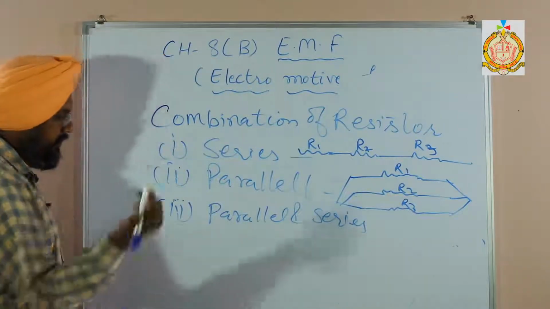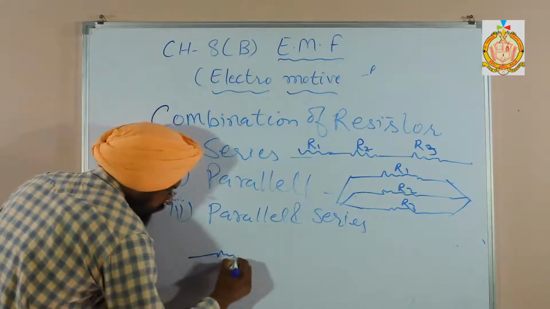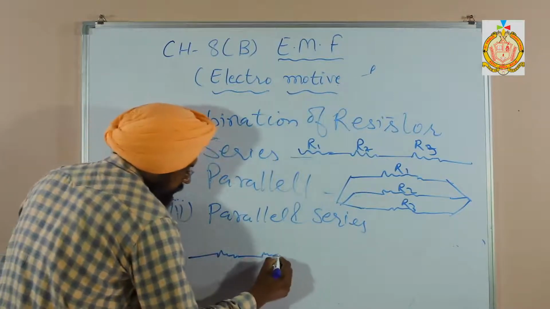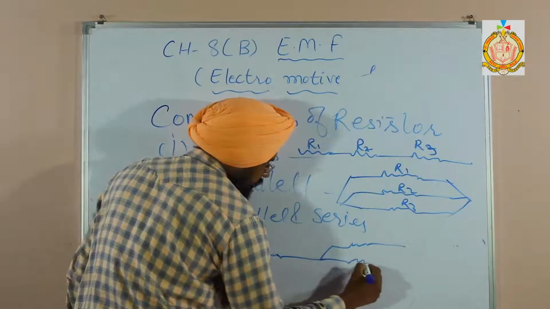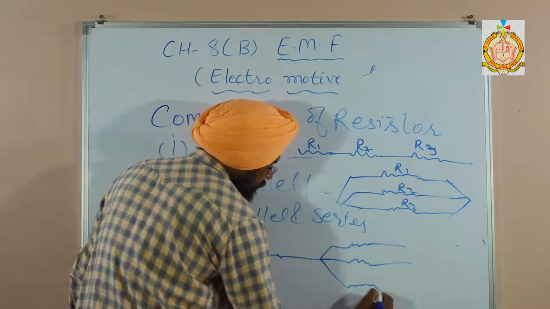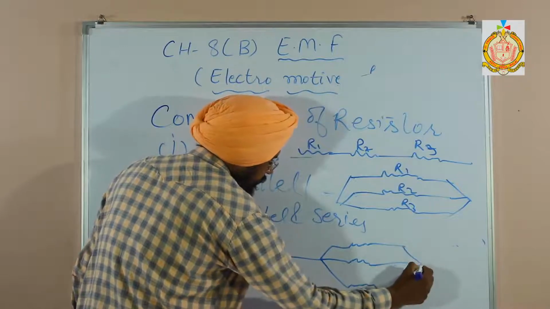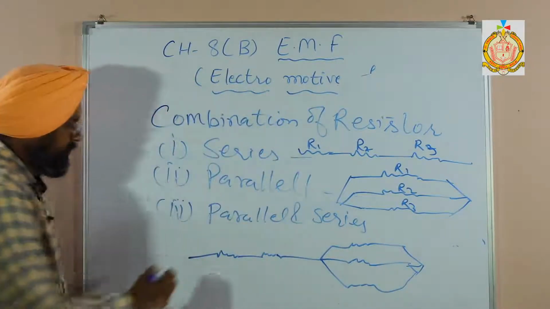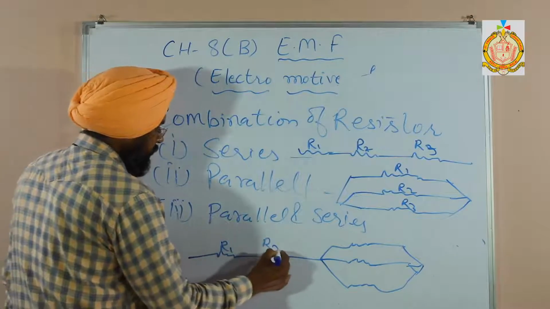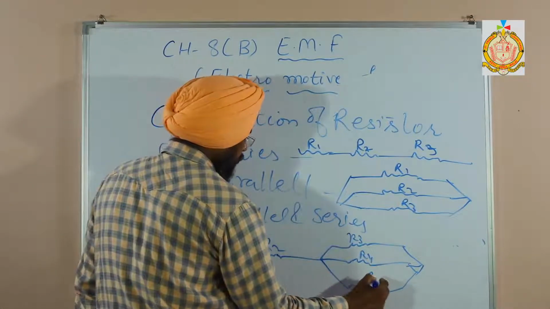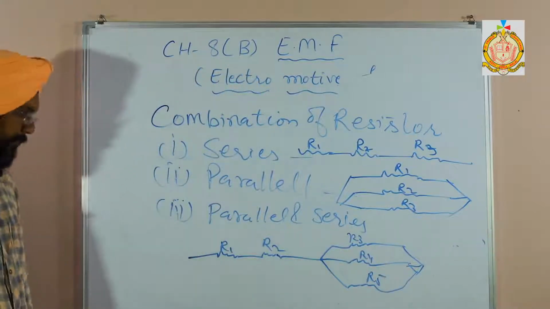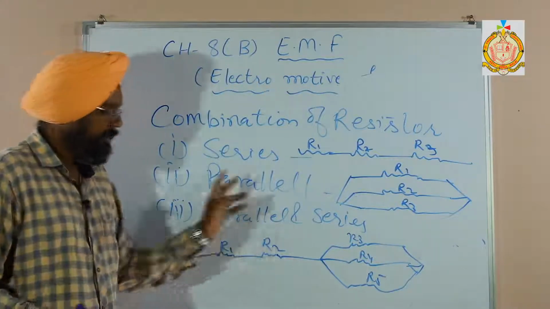In series and parallel combined, we can combine 1 and 2 in series, and the rest, 3, 4, 5, in parallel. So these two are in series, and these three are in parallel. This is a series and parallel combination.